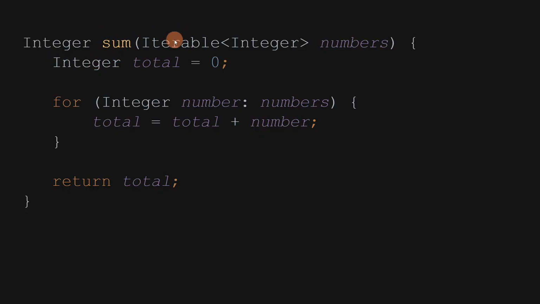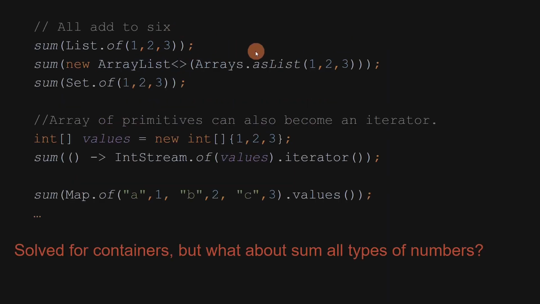So we can replace the method parameter with Iterable, and then we don't care if it's a hash set, an array list, a linked list, any type of list, any kind of set, a queue, whatever, or anything that you saw on the previous screen, it will just work. So here are some examples.